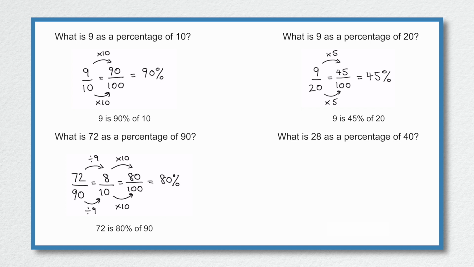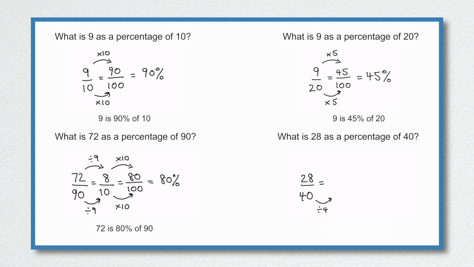What is 28 as a percentage of 40? So we've got 28 over 40. Again, it's not so easy to convert this into something out of 100. The first thing we can do is write the fraction as something over 10.